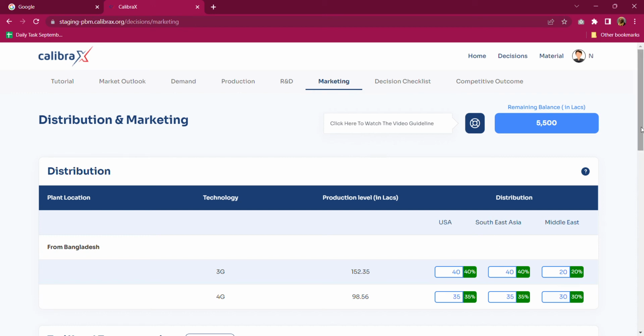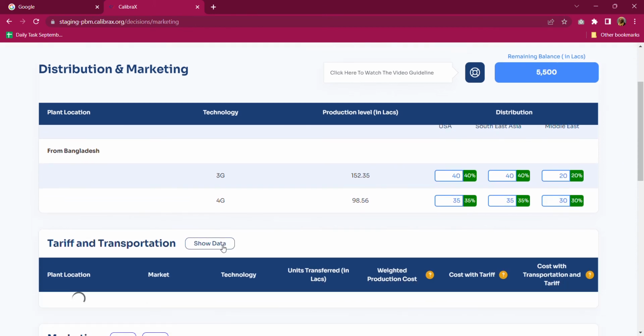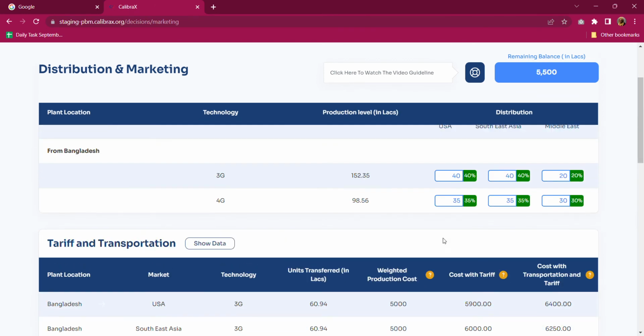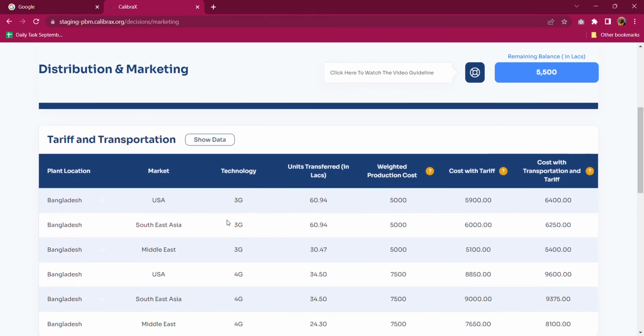By clicking the tariff and transportation tabs, teams can visualize which market has the lowest tariff and which market has the least cost from a logistical point of view, and might decide to reconfigure some of these values in the distribution table to optimize import tariff and transportation cost.